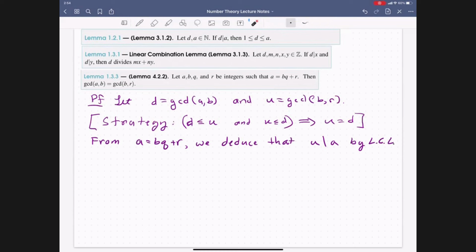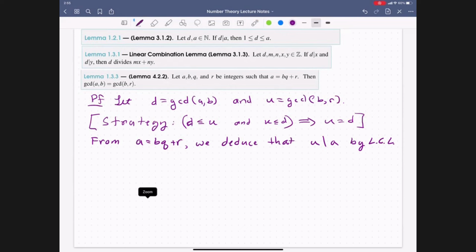Indeed, we know that U divides B and U divides R, since it is the GCD, and so if we apply the linear combination lemma, it tells us that U has to divide mB plus nR for any integers m and n, in our case Q and 1. And so as a consequence, we get that U divides A by the linear combination lemma.